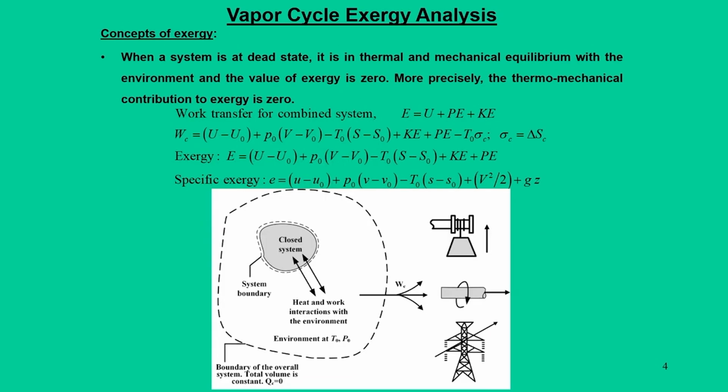More details are also available in the basic thermodynamics course, but here, when the system is brought to the dead state and we view this as a combined system, we try to find out the work potential.